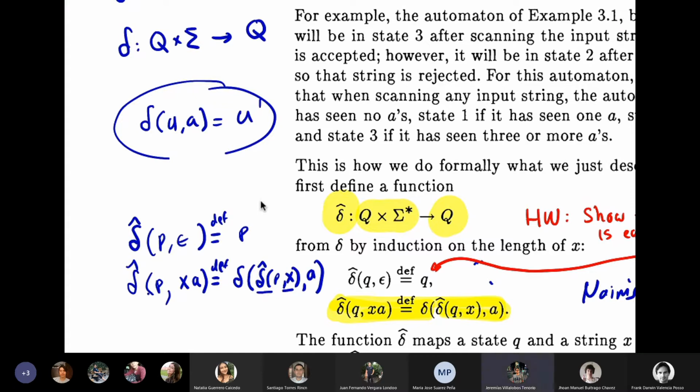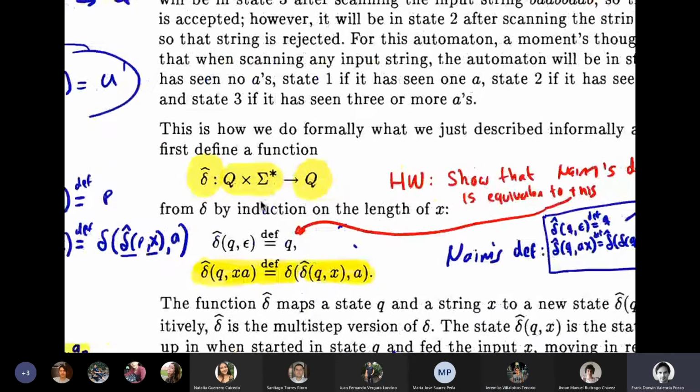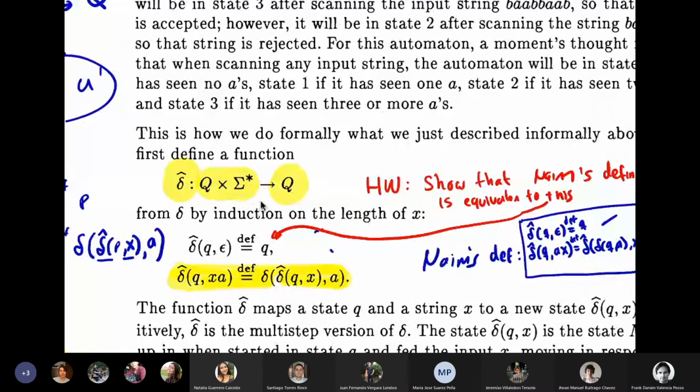Maybe because the delta hat receives a string, and the delta without a hat always receives a symbol. So if you solve that recursively, it will be the same output. Exactly. So this is like the other way of doing it.